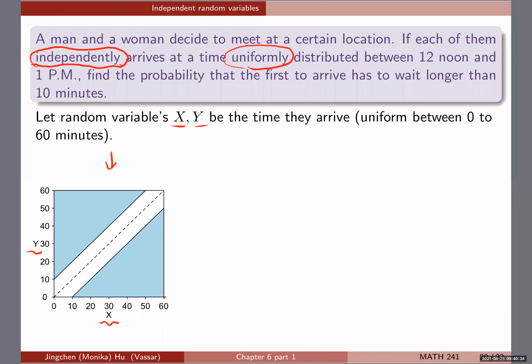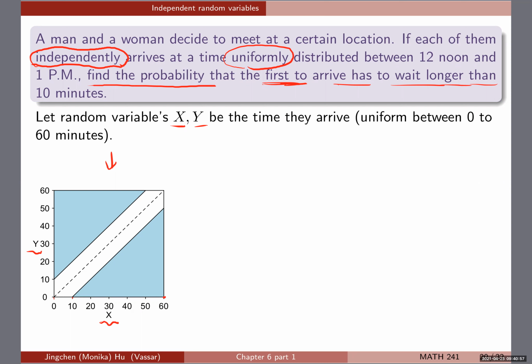So the event that we're trying to figure out is the probability that the first to arrive has to wait longer than 10 minutes. So if X needs to wait longer than 10 minutes, what does that mean? And for Y to wait longer than 10 minutes, what does that mean?